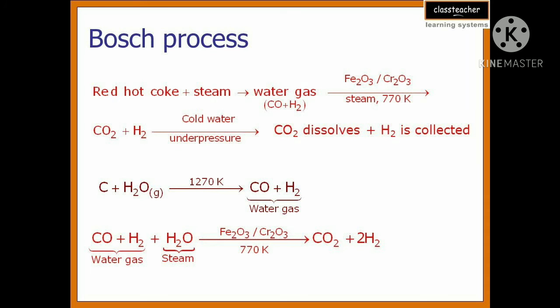Now we are going to discuss the industrial method for preparation of hydrogen gas, that is the Bosch process. In step 1, the reaction in which the production of water gas takes place: when coke reacts with steam at 1000 degrees Celsius, carbon monoxide plus H2, that is water gas, is formed.